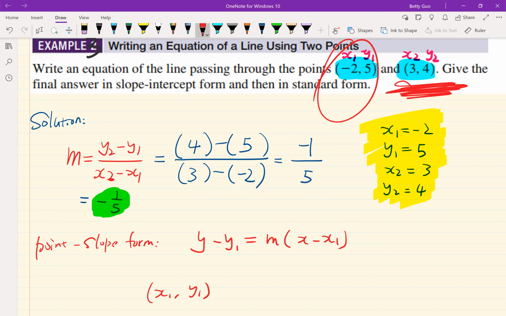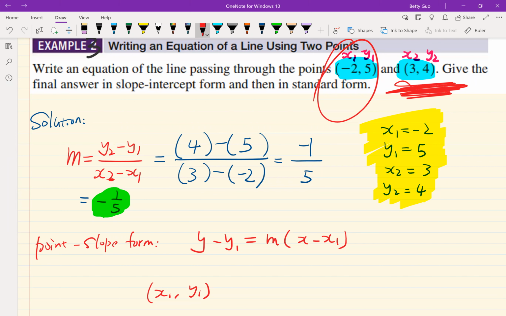Again, in point-slope form of a straight line, the point could be any given point on the line. If we can use this point, (-2, 5), to get the equation, we could also use the second point, (3, 4), to get the same equation. Do you see what I'm talking about here? Of course you can use x1, y1 here, but if you use (3, 4), it will also be okay. Just to let you know that.